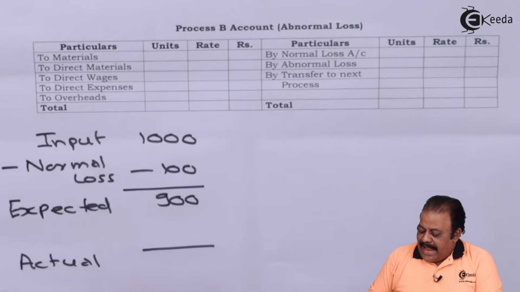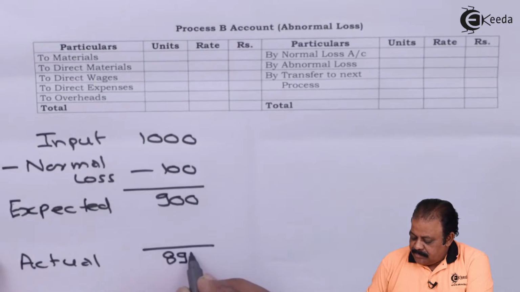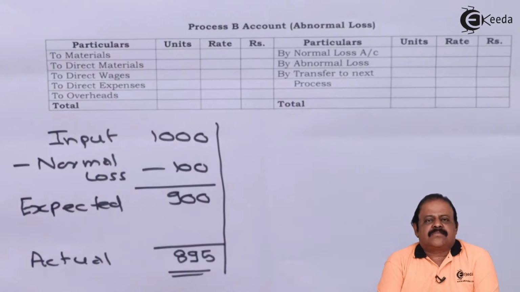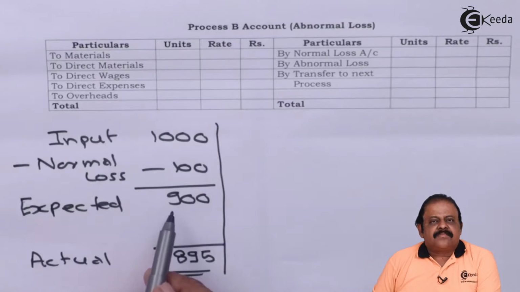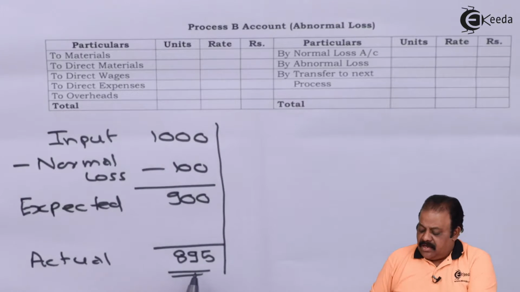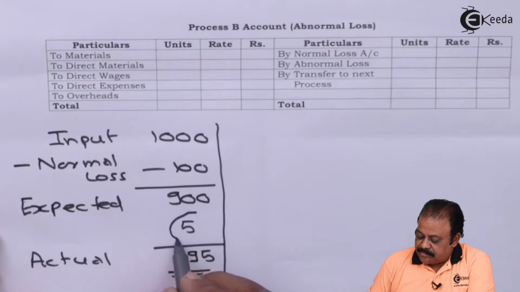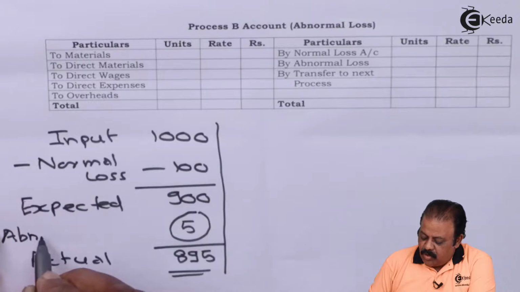Now here suppose actual output we got 895 units. Normal output we are expecting 900, actual we are getting lesser than that, we got 895. That means there is difference of 5 units. This is called as abnormal loss.